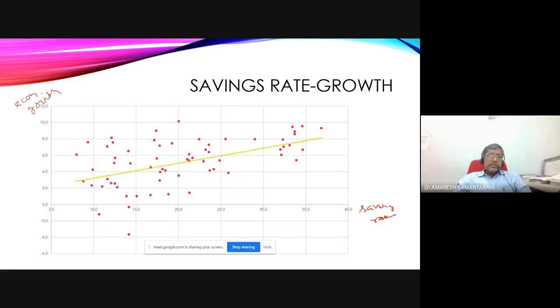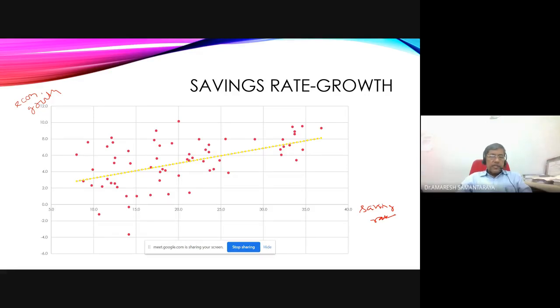So that helps you become technically more correct. See, without econometrics also you could have plotted those dots here. Anyway, in statistics you have learned how to make a graph, so this scatter plot you could have drawn.